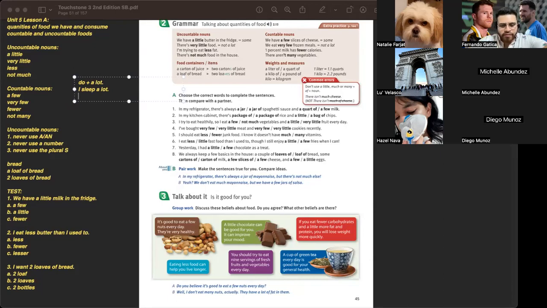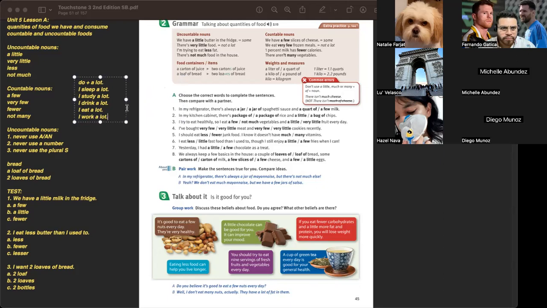I study a lot. A lot, exactly. What I don't want you to do is say, I sleep much, I study much. No, that is horrible. That's ugly. So remember, I study a lot. After verbs, use a lot. I sleep a lot, I study a lot, I drink a lot, I eat a lot, I work a lot. After verbs, a lot.